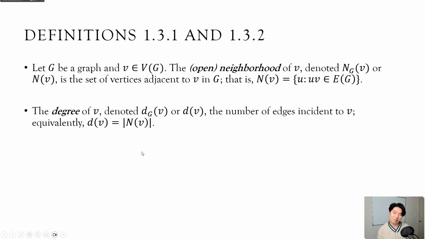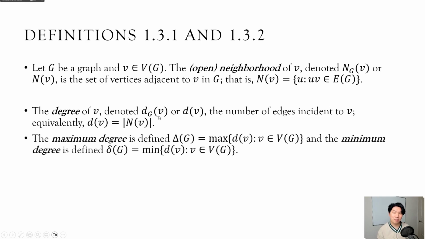After talking about degree, one thing that we may be also interested in is the maximum and minimum degrees of a graph. So the maximum degree, here I'm going to use this notation, a capital delta of G. Well, this is exactly what it sounds like. This is the largest degree in my given graph. Whereas the minimum degree is also defined in the same way.